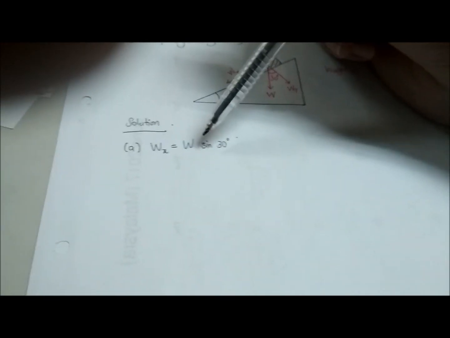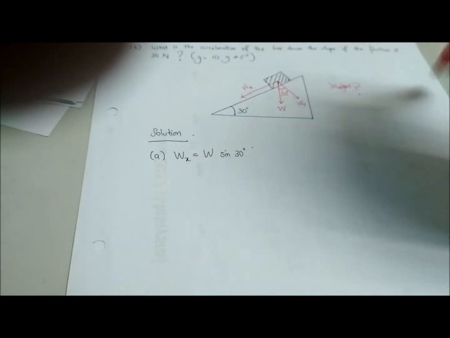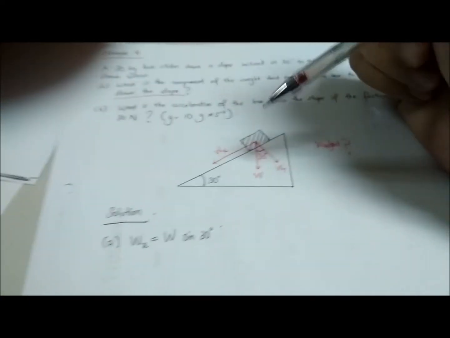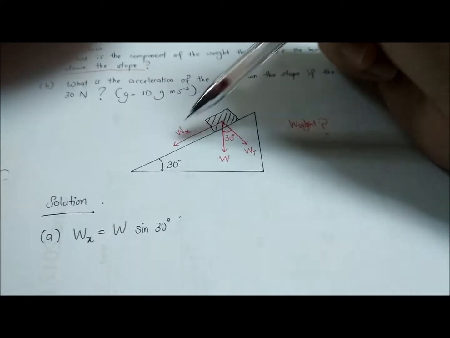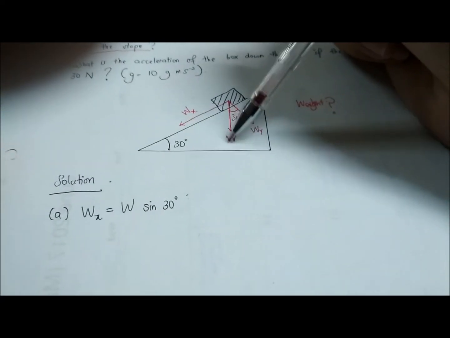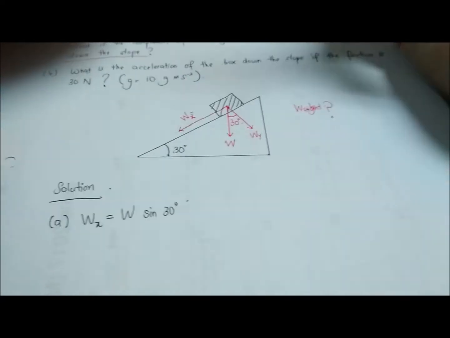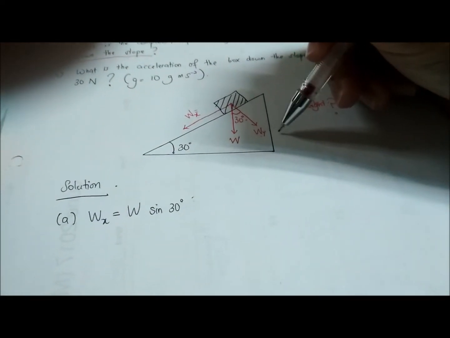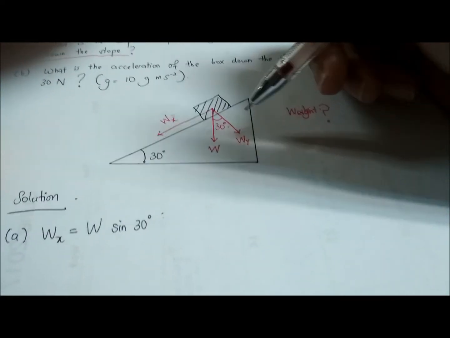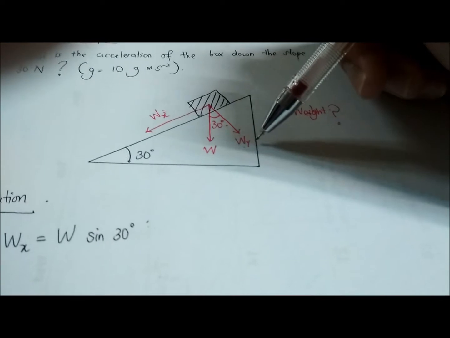Probably some of you are confused about how to get this. Before we get into details, let's see how we get this. After you resolve W, you will get this, right? Let's form a closed right angle triangle.